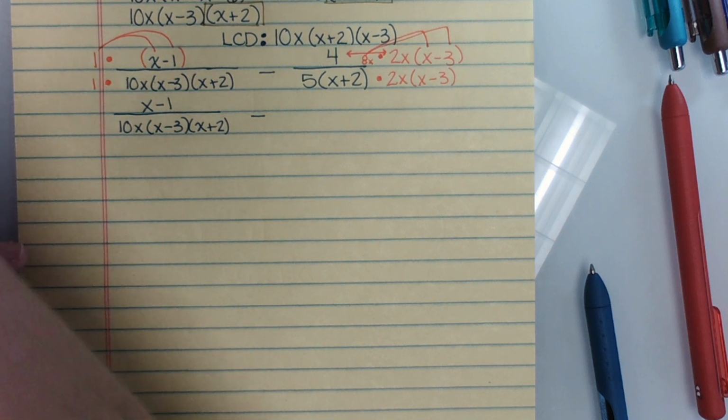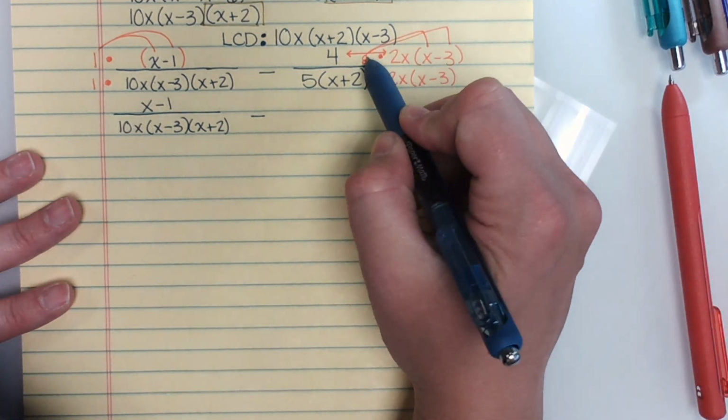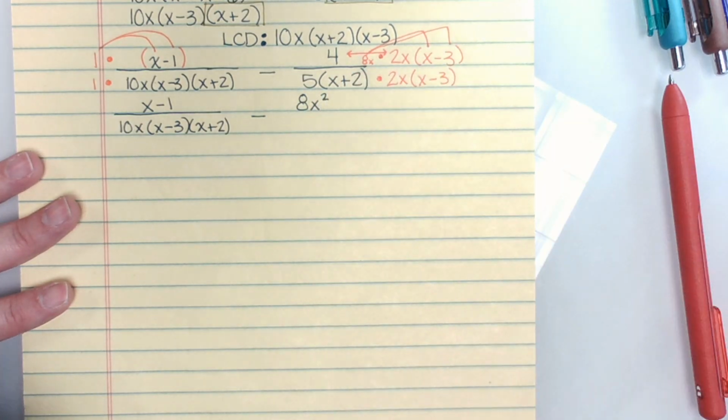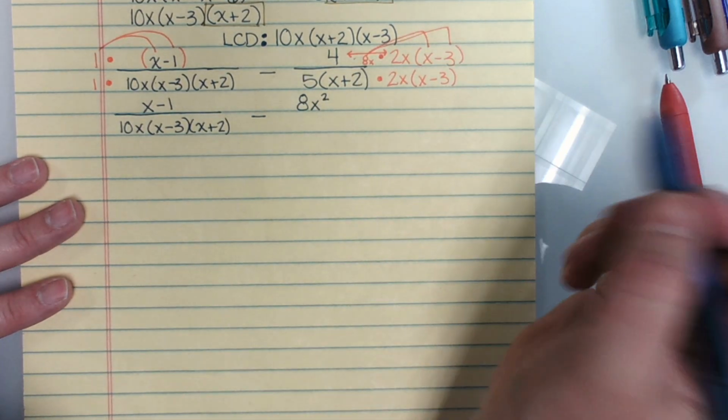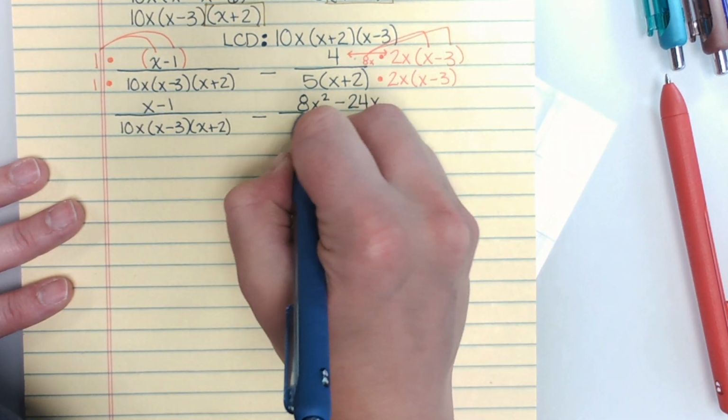And you do want to distribute numerators. Until it is a single fraction, you want it multiplied out. The denominator you don't want to multiply out, because the denominator is not changing from here until the end of the problem, until we start crossing things out. So the denominator you leave in factored form, but the numerator you do want to multiply. 8x times x, 8x squared. 8x times negative 3, negative 24x.